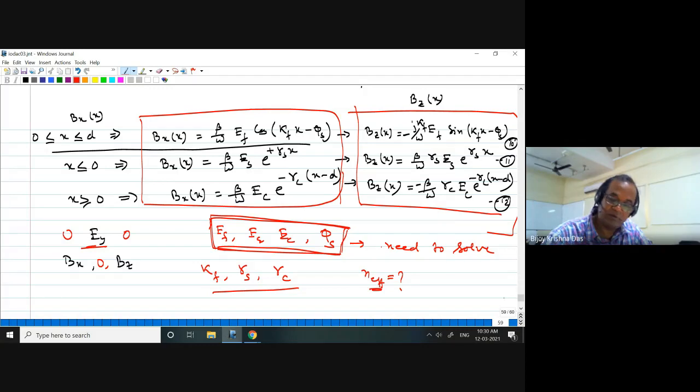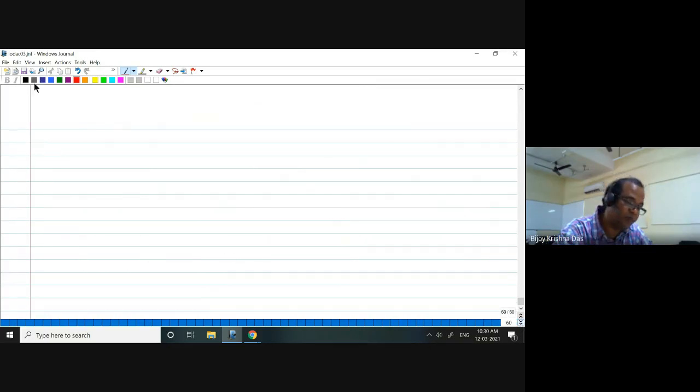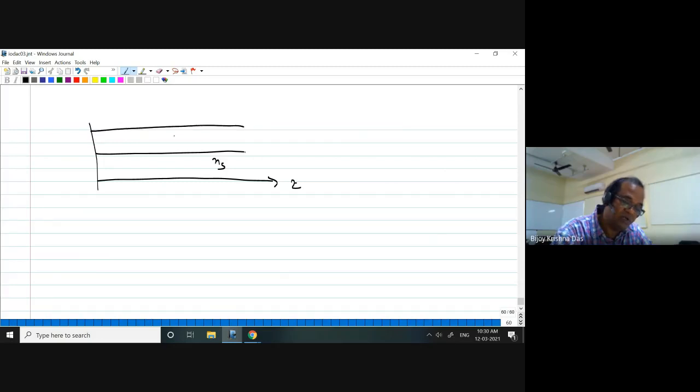We know we have the Ey component, so let's try this way. I have the waveguide again, and I sketch it once more here. This is your Z axis, and these are the interfaces with NS, NF and NC.